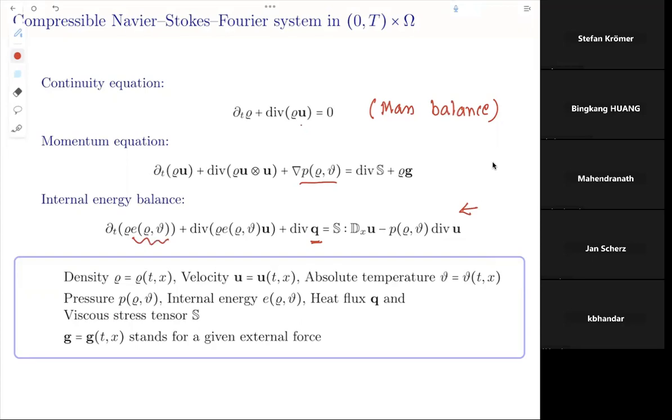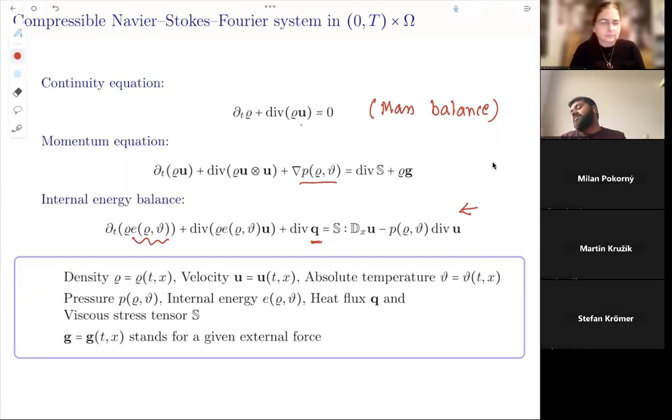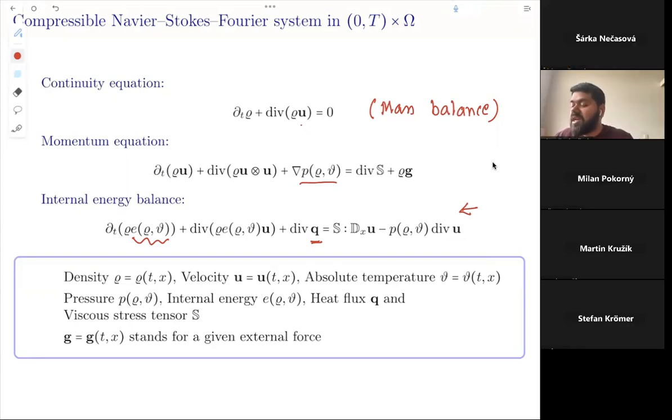All of these are functions of rho and theta, and I will write down the explicit form of the viscous stress tensor later on. And here in general, G is given by some external force. And this dx of u is basically the symmetric part of the gradient.